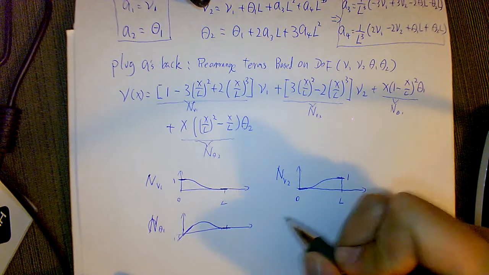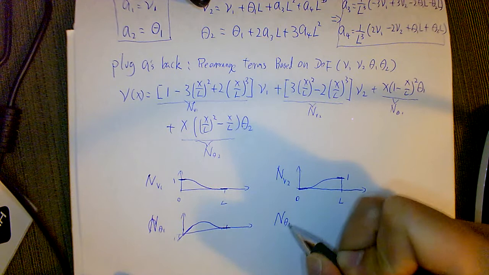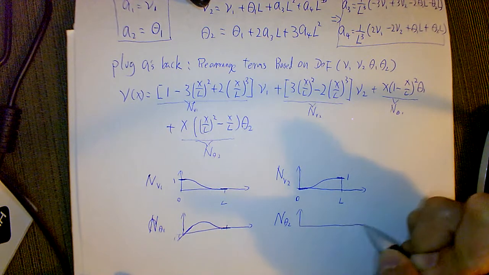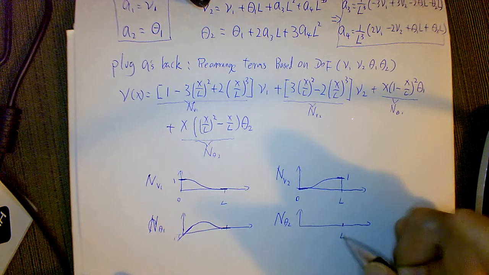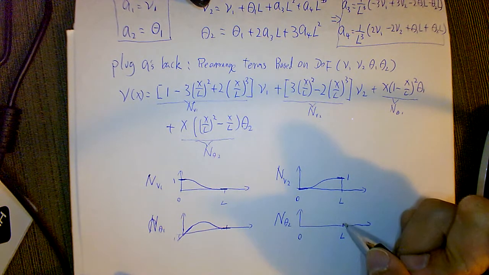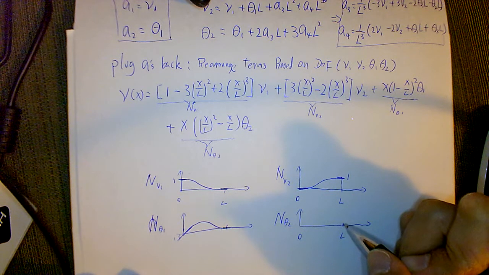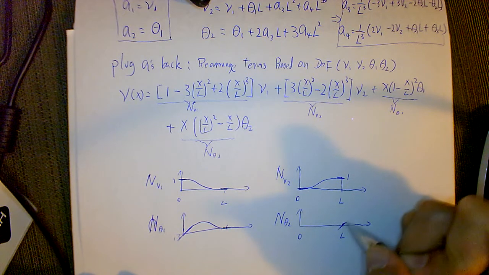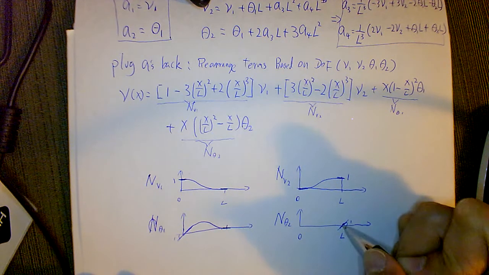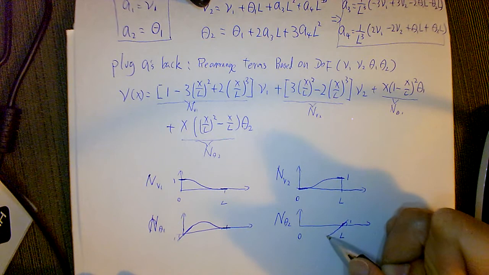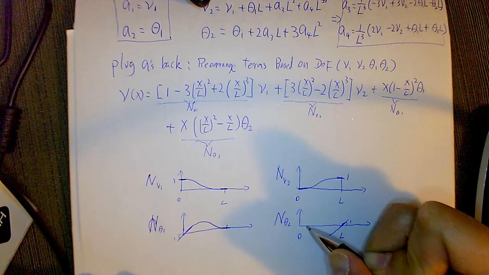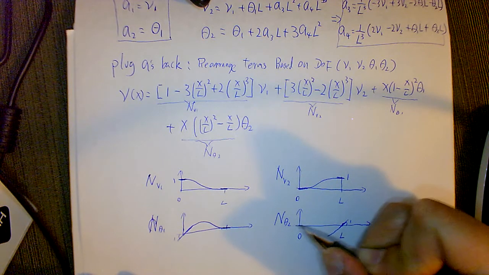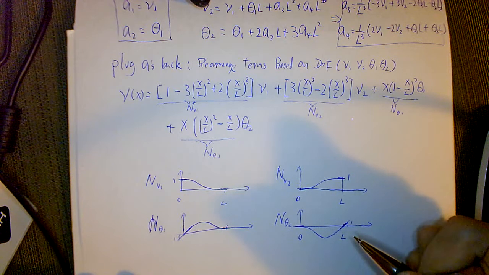And then finally, N theta 2, if you plot it, you know where I'm going here. It'll be something like this. It's perfectly 1 here, and then perfectly flat here.